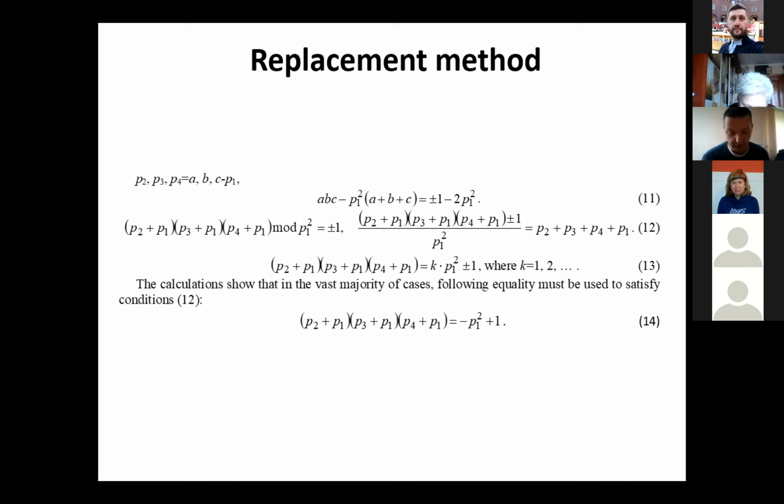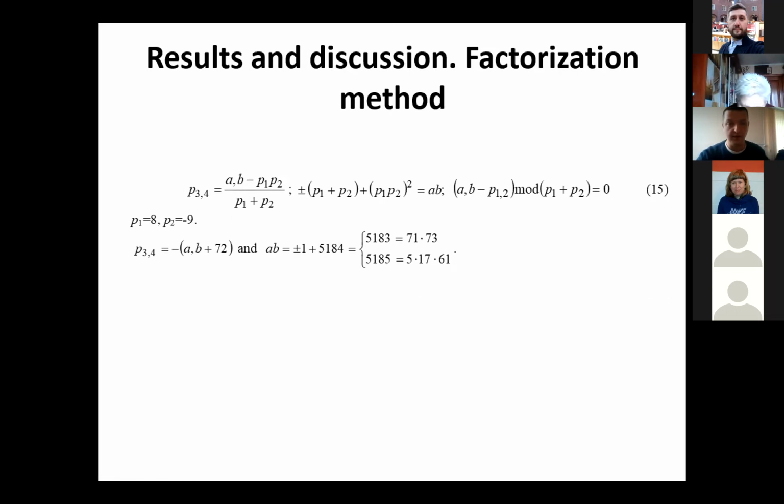The calculation shows that in the vast majority of cases, the following equality must be used to satisfy condition 12, as shown in 14. For example, let's consider MPF RNS, which consists of 4 modules. In this case, conditions 7 and 9 will be as shown in 15.